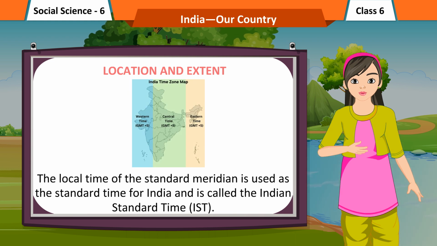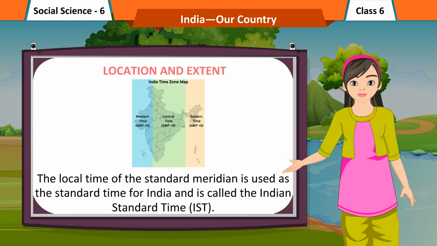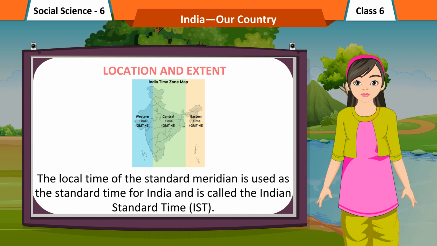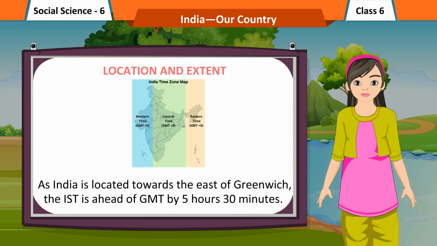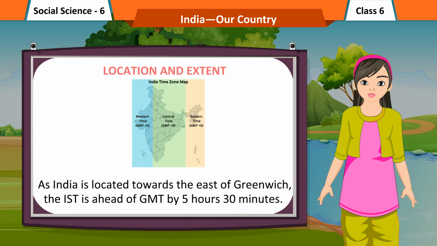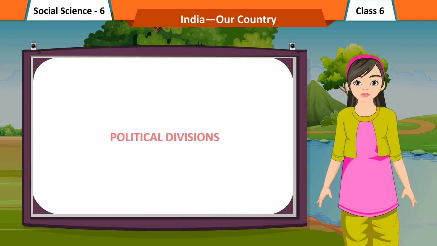The local time of the standard meridian is used as the standard time for India and is called the Indian Standard Time, IST. As India is located towards the east of Greenwich, the IST is ahead of GMT by 5 hours 30 minutes.